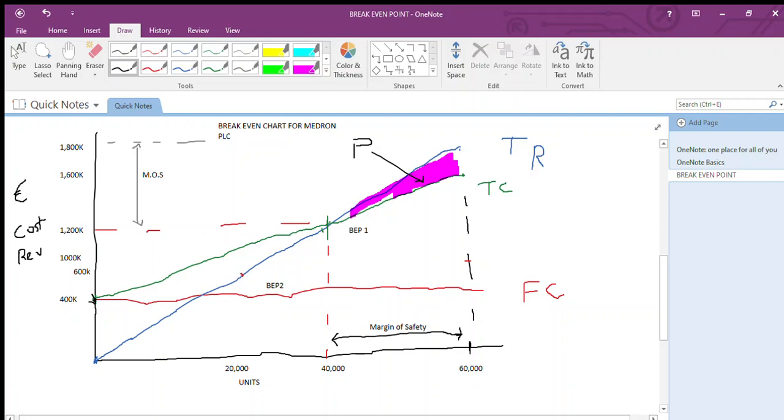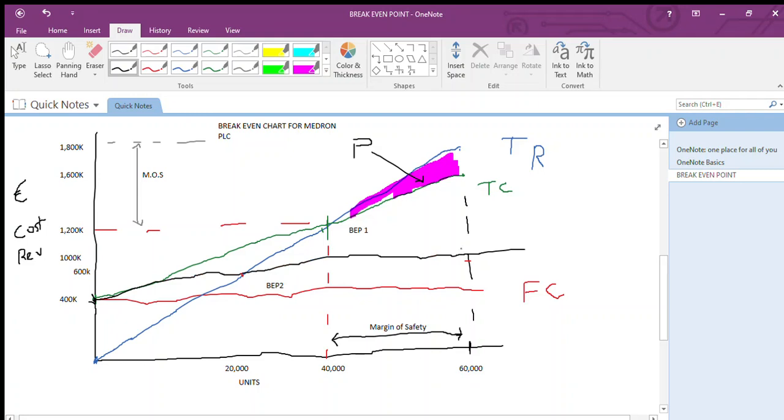It's the intersection. Both lines have to go through the break-even point, and it's taking me out here to my total cost at my 60,000 units. So my line should be drawn between those points.